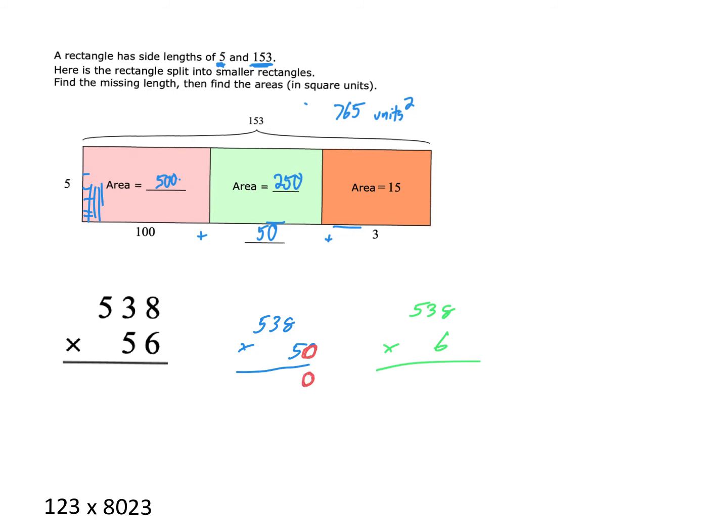So just take that 0 straight down. Then we only have to do 538 times 5. Make your life easier. So 5 times 538 is 2,690, but times 50 is 26,900.